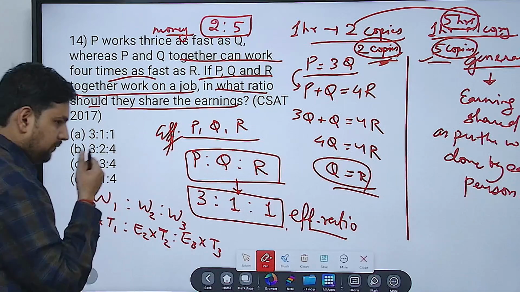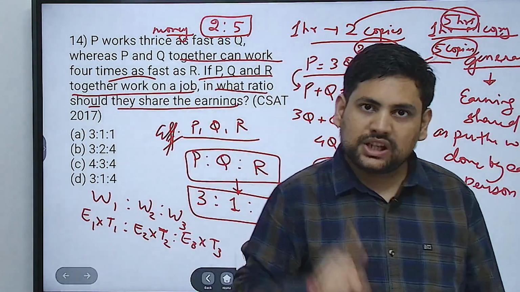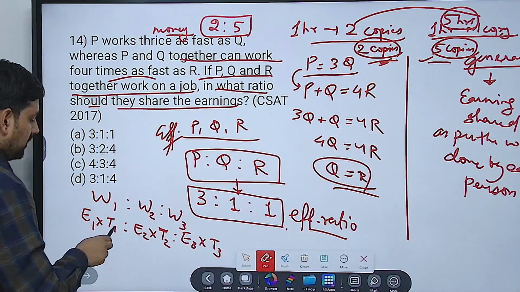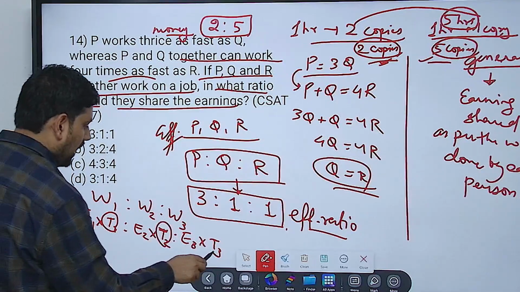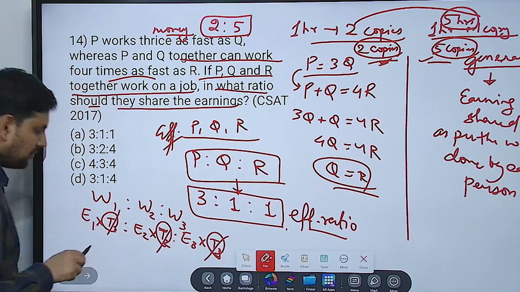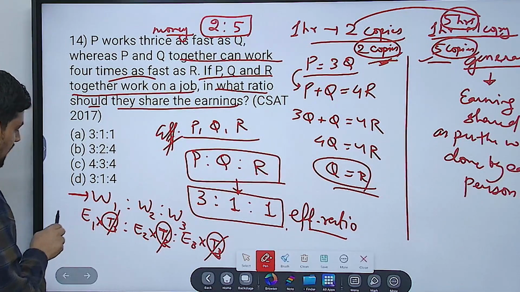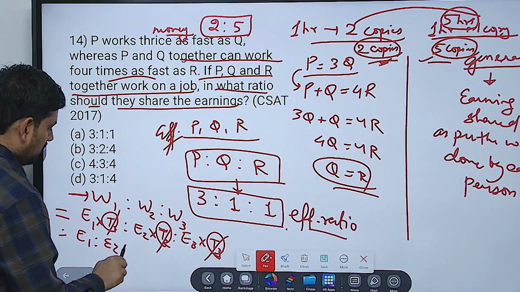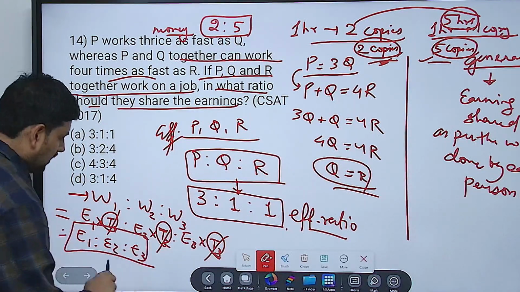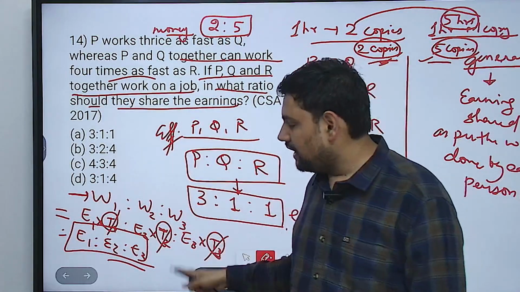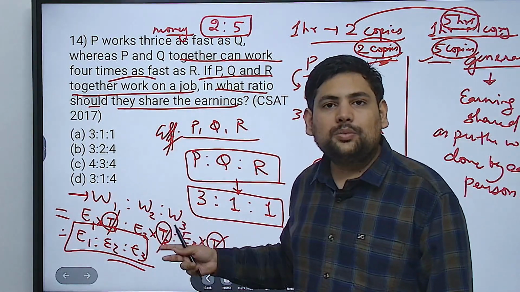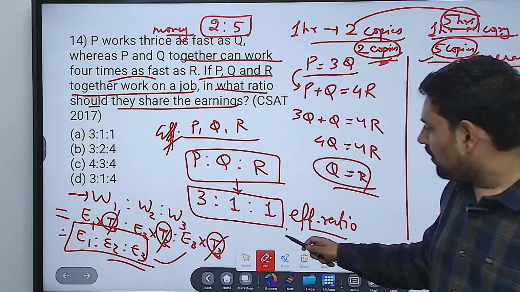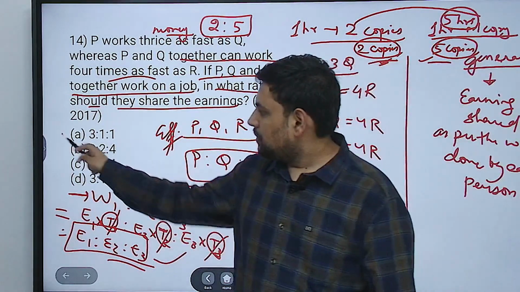But in this question, because P, Q and R are working for the same amount of time, so this T1, T2, T3 is actually equal. So make them T, T and T, and now you can cancel them out. That is why this ratio became equal to E1 ratio E2 ratio E3. That is, the money that was to be divided in the ratio of their work can also be said to be divided in the ratio of their efficiency. That's why whatever you got for efficiency, 3:1:1, this becomes your answer.